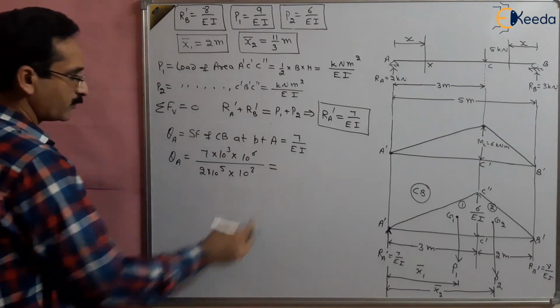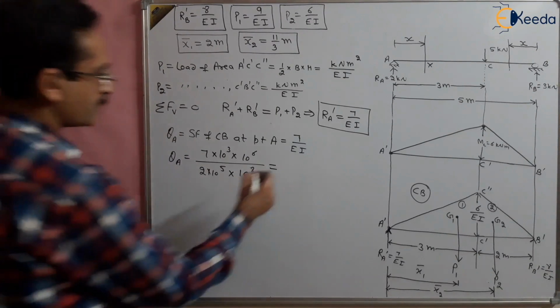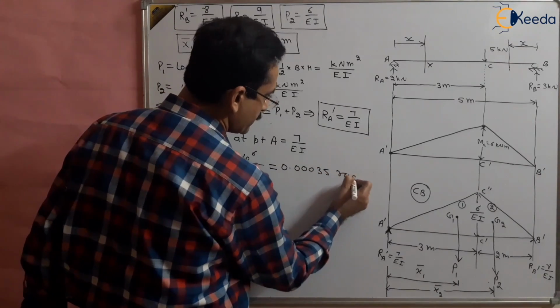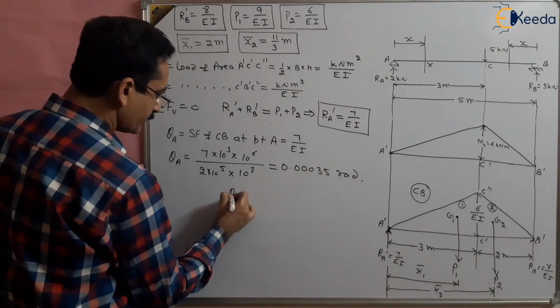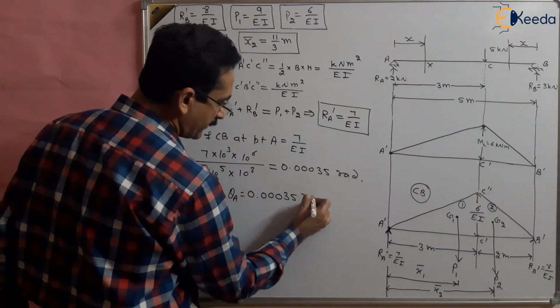So everything will cancel out and you will get the answer in radians, right? So what is the answer? 0.00035 radians. The slope at point A is 0.00035 radians.